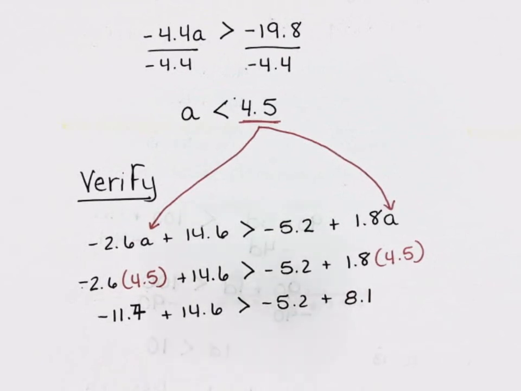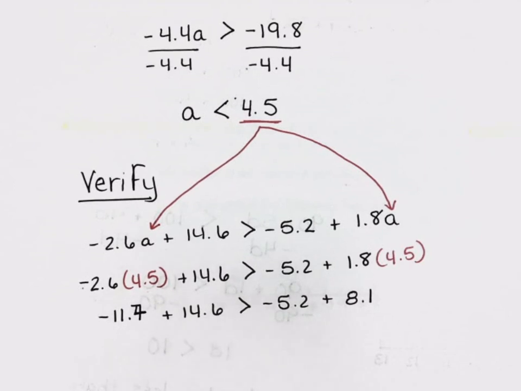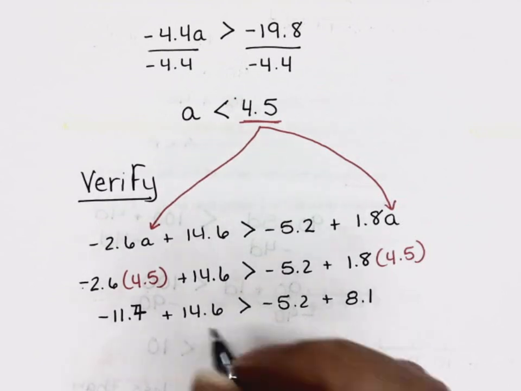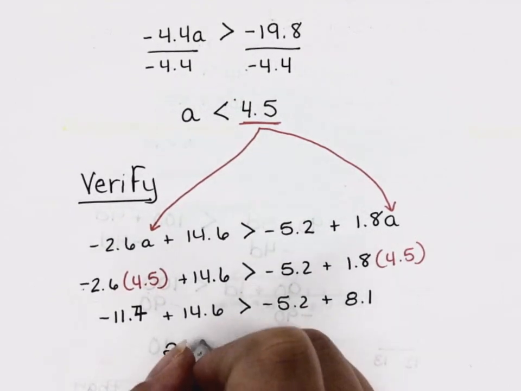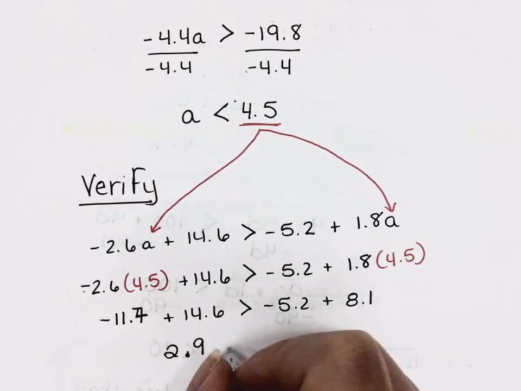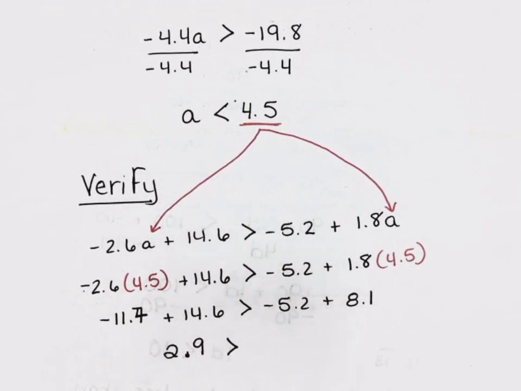Okay, so I just did my multiplying. Now I'm going to combine my constants. I'm going to have negative 11.7 plus 14.6, and I'm going to get a positive 2.9 is greater than, and then I'm going to have negative 5.2 plus 8.1.